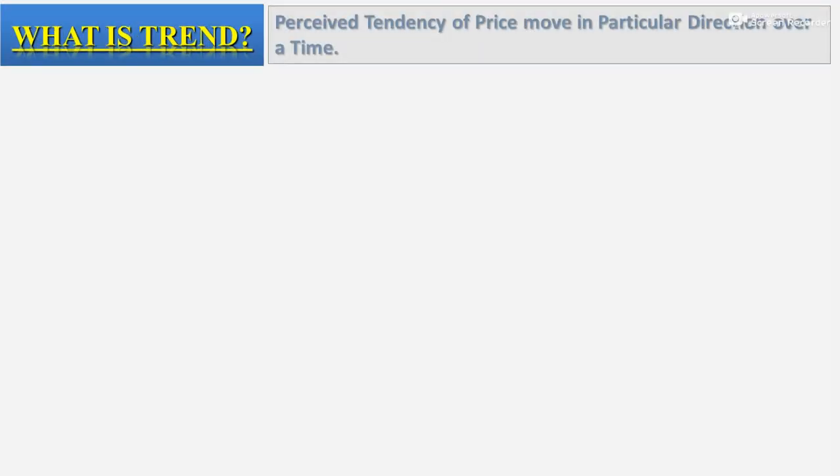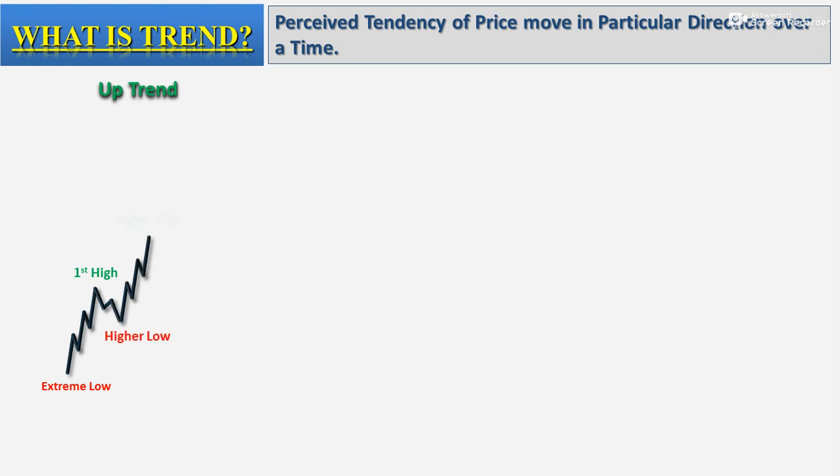What is a trend? A perceived tendency of price to move in a particular direction over a time. There are three types of moves we can see in stock market price behavior. Uptrend. The price move, starting from a particular extreme bottom towards the upside and creating a series of successive higher highs and higher lows, is called an uptrend. Downtrend.